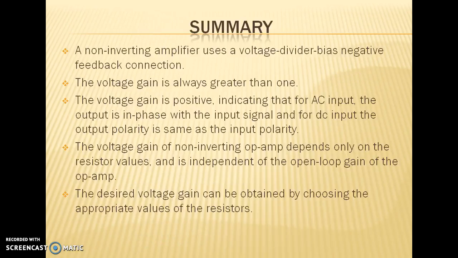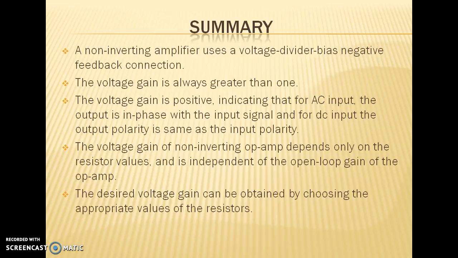And before closing this section, we would like to take the summary of what we discussed about non-inverting amplifier. A non-inverting amplifier uses voltage divider bias negative feedback connection. The voltage gain is always greater than 1.